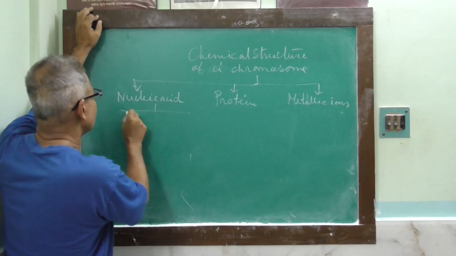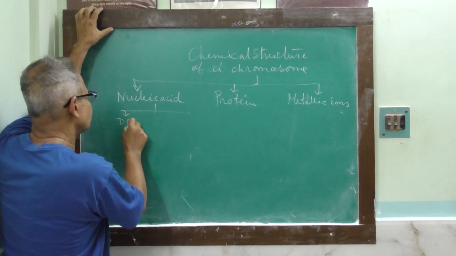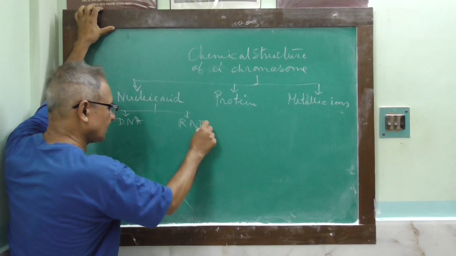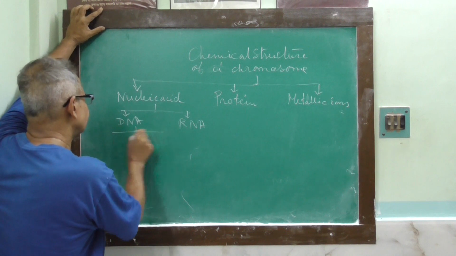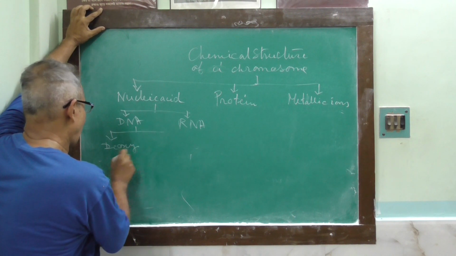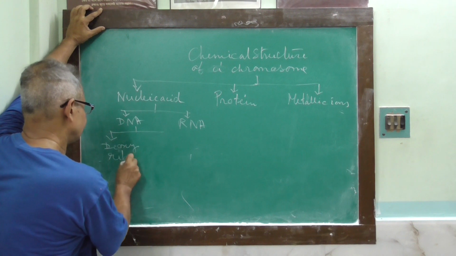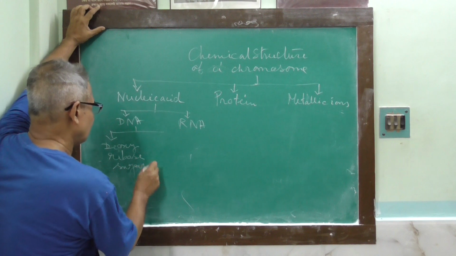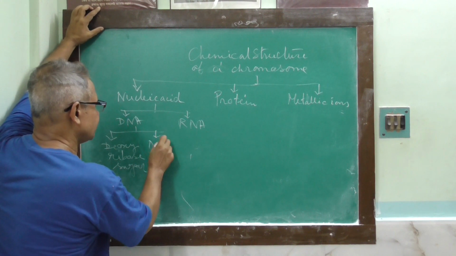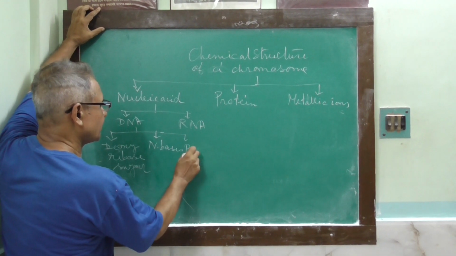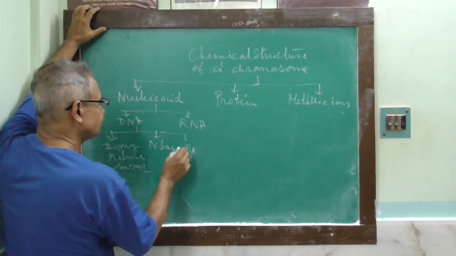Nucleic acid, 2 types, the DNA and RNA. In DNA, there are deoxyribose sugar, nitrogen bases and phosphoric acid.